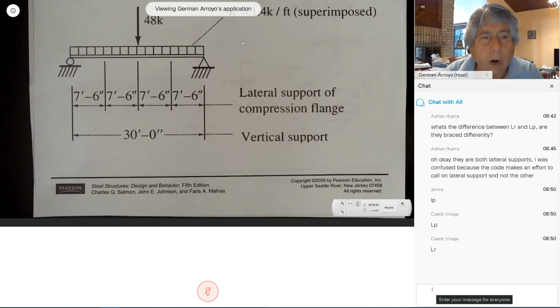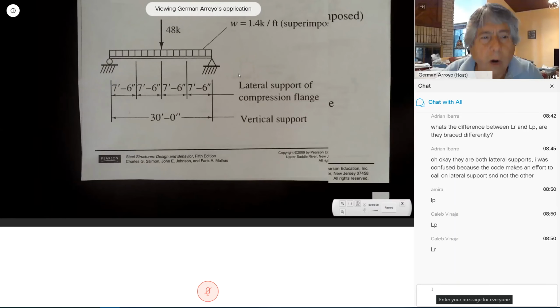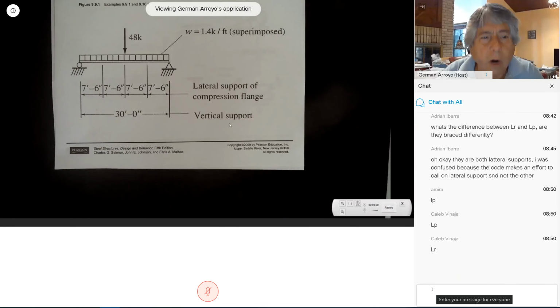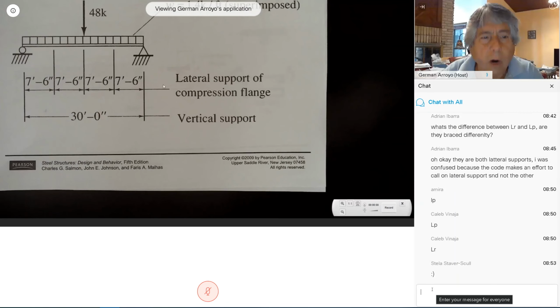Anyway, you do need to open your eyes right now because the vertical supports do not change. Whenever we do lateral support, it doesn't mean that I'm putting a roller and a roller under here. It means that I'm supporting the compression flange.